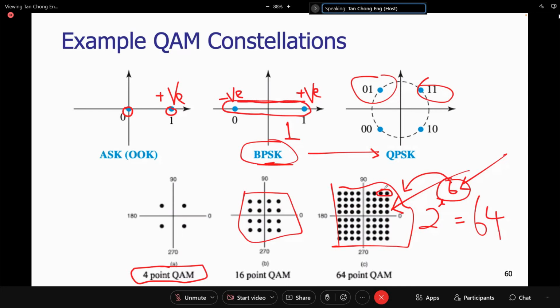When they are so near to each other, they can get confused very easily. That means 64 QAM will have a higher data rate, and at the same time a higher error rate. So it can easily experience data errors. Okay, so that is the consequence. Everything comes with a price.